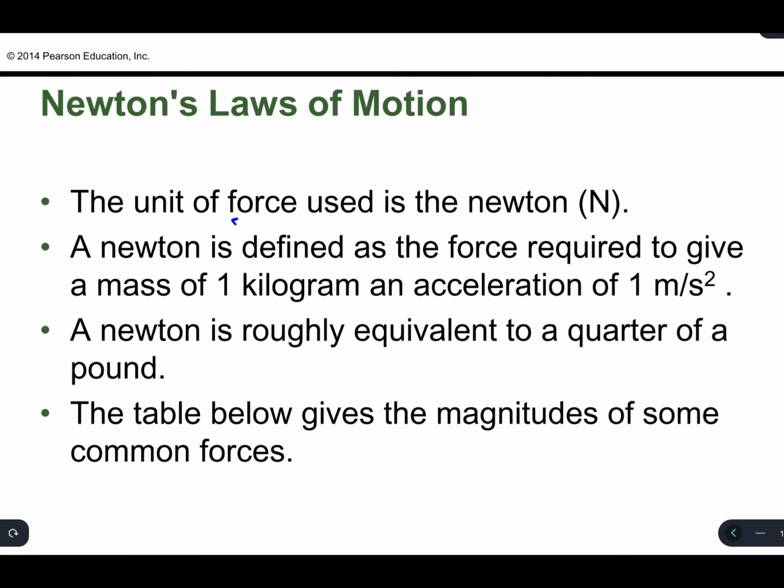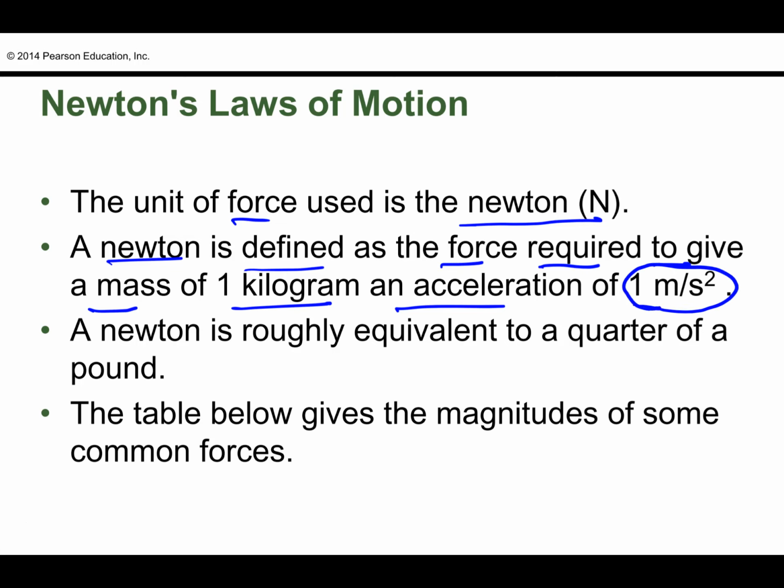The unit of force used is the Newton. A Newton is defined as the force required to give a mass of 1 kilogram an acceleration of 1 meter per second square. I want you to know how to define a Newton. F equals m times a. If the mass is 1 kilogram and the acceleration is 1 meter per second square, the force is 1 Newton.